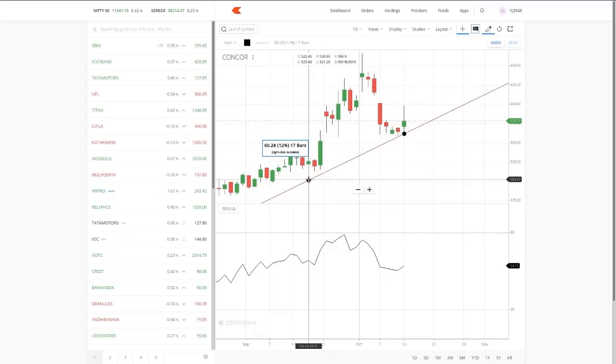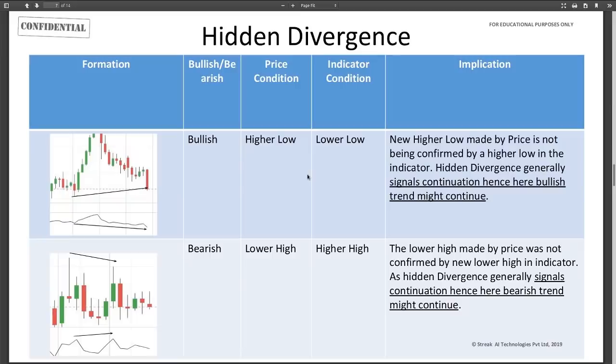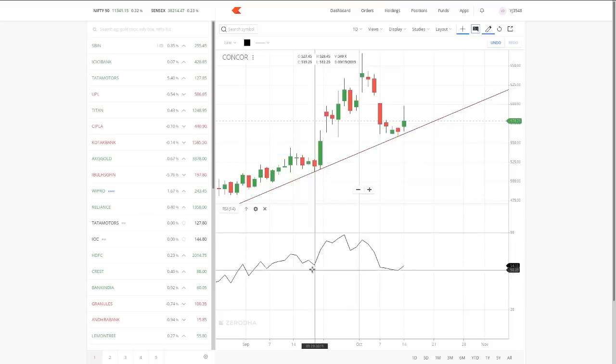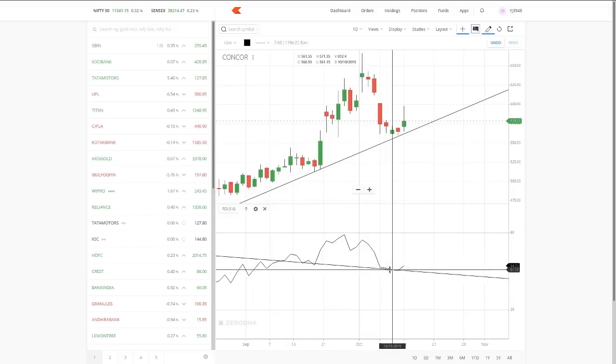Yes, the past 10 days. Whereas if you look at the indicator, the lower low is forming on the lower side.